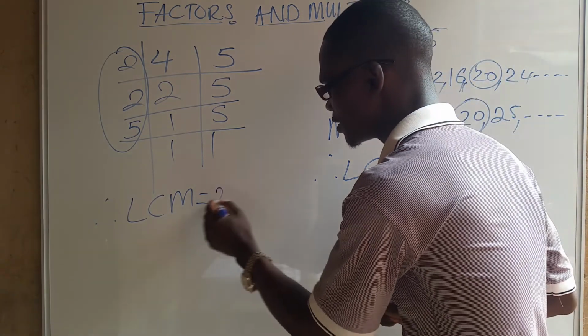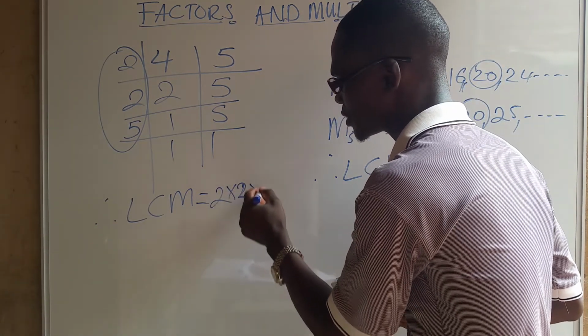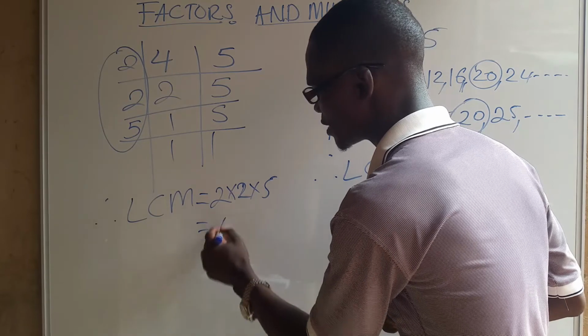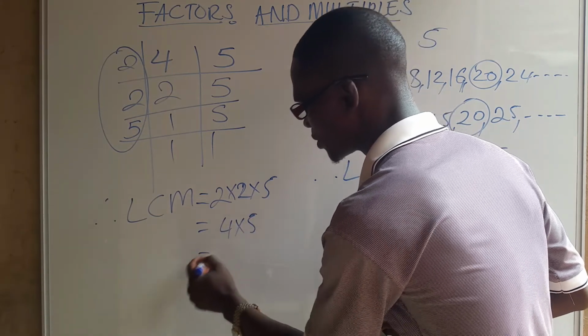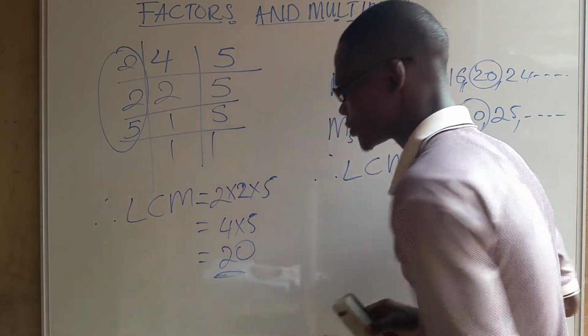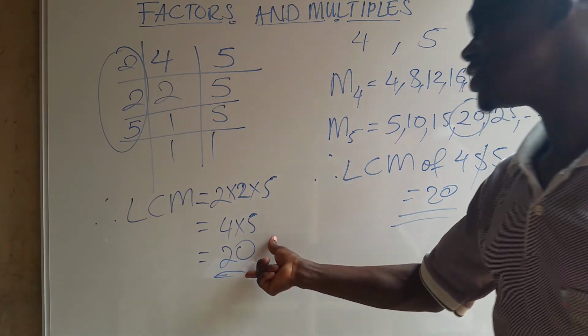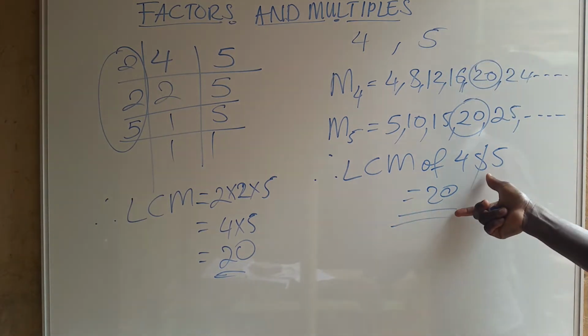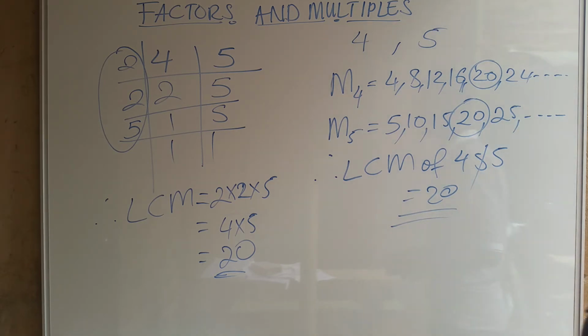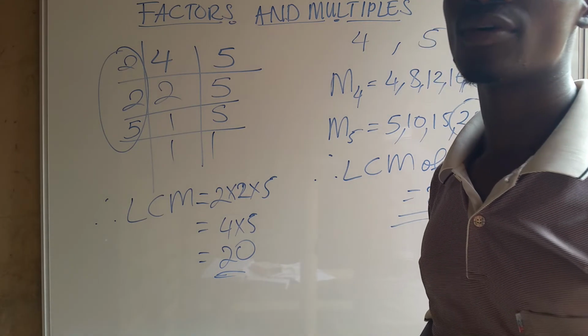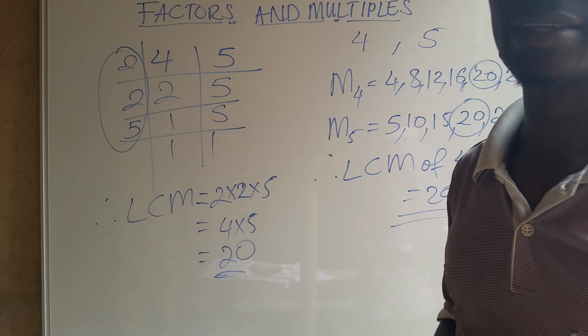That is to say, 2 times 2 times 5, giving us 4 times 5, which is 20. So we have 20, and we also got 20 using the listing method. That is how we get the LCM of 2 or more numbers.